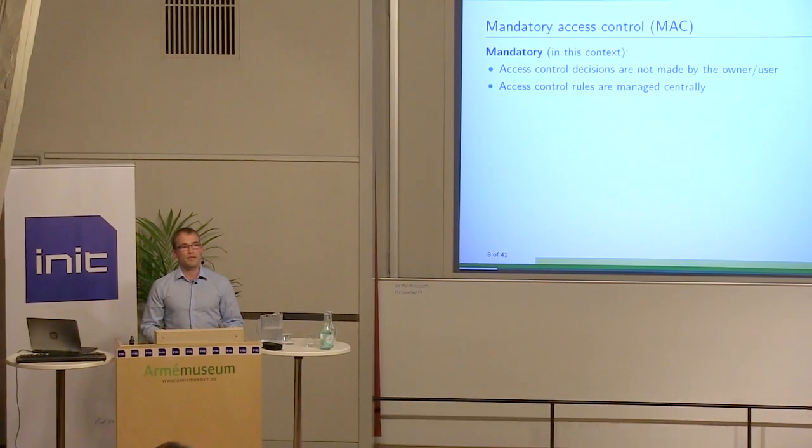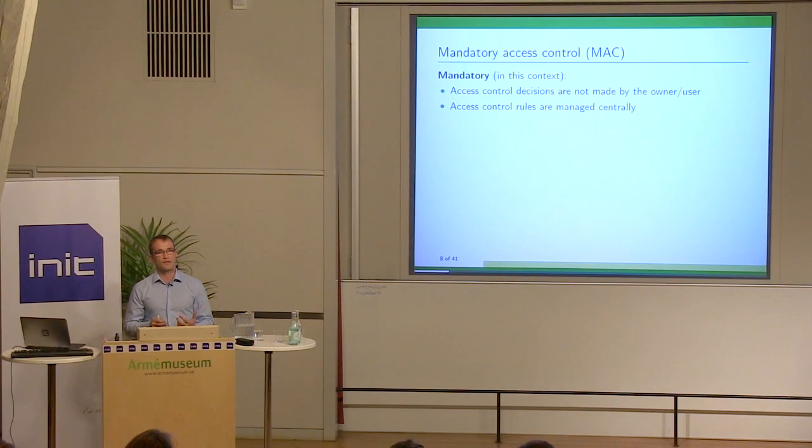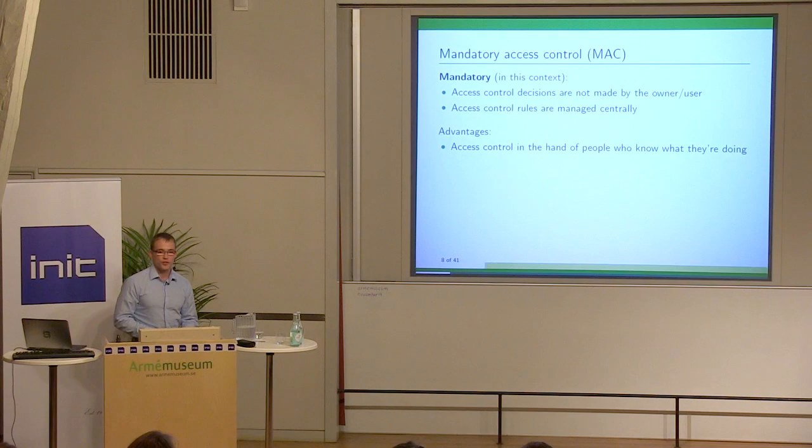So what is mandatory access control? The main difference is the first word, big surprise. Mandatory in this context means that access control decisions are not made by the owner or user, but they are made by a centrally managed policy where all access control rules are in one place. And this has several advantages.